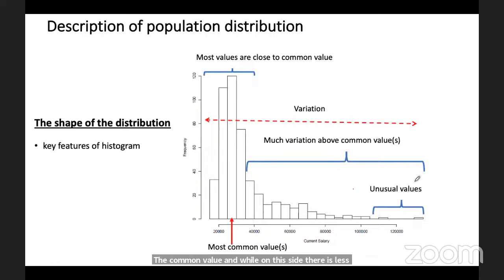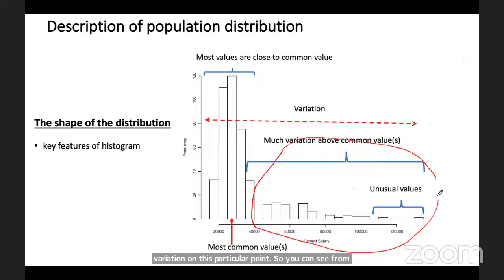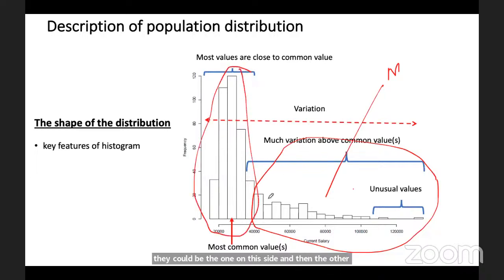You can see from here that we seem to have all these values here that seem to be on their own. This could be because of those who are highly paid. You have people like managers that get more money, so they could be the ones on this side, and then the other common workers are the ones that are here. So here you may be dealing with more than one distribution.